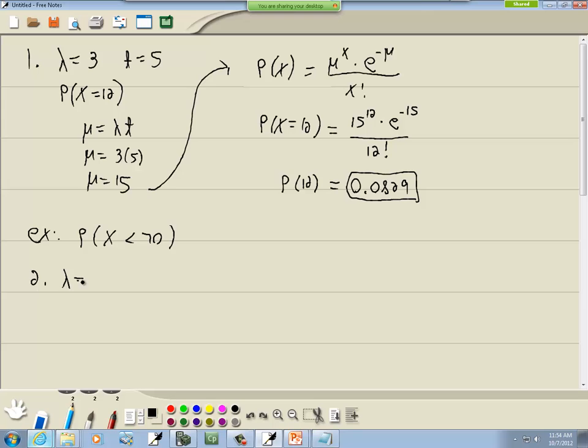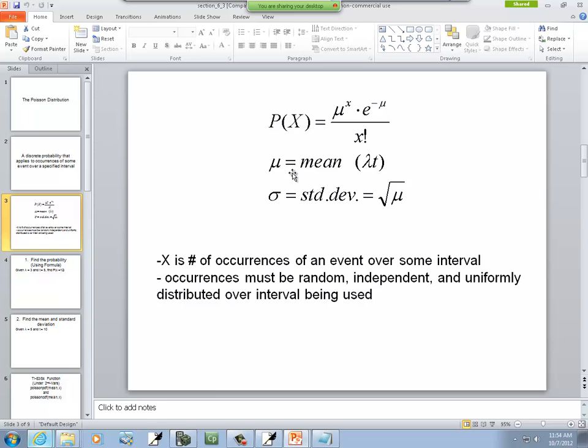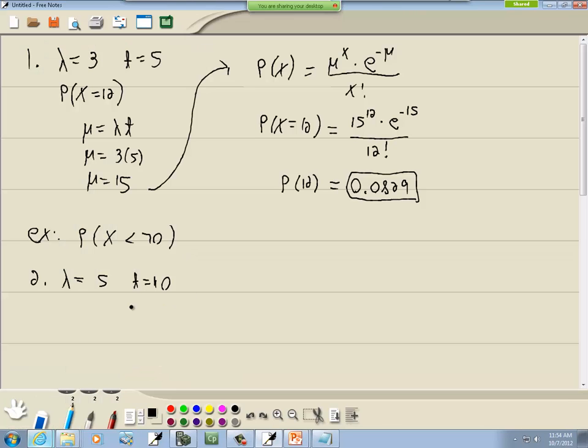So we have another problem where lambda is given, it's 5, and t is equal to 10. And the instructions say find the mean and standard deviation. Our formula says that the mean, mu, is equal to lambda times t. So we'll take 5 times 10, which gives us 50.